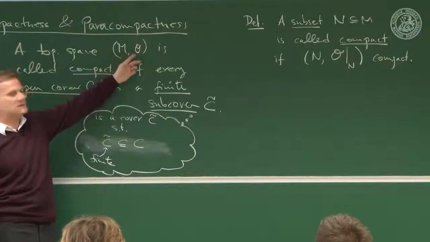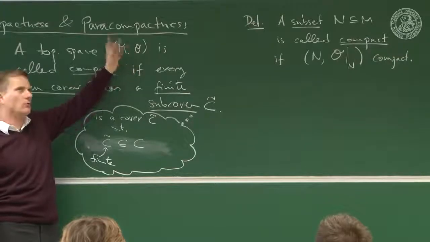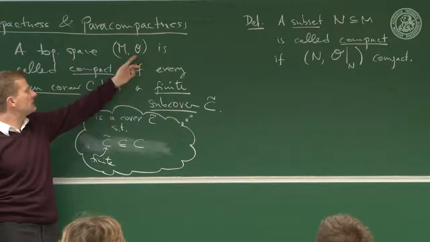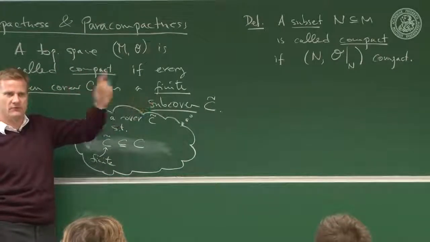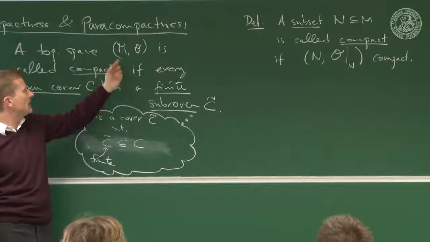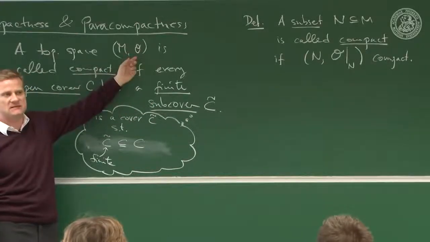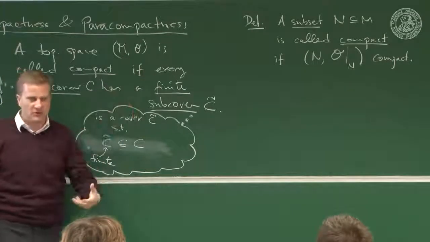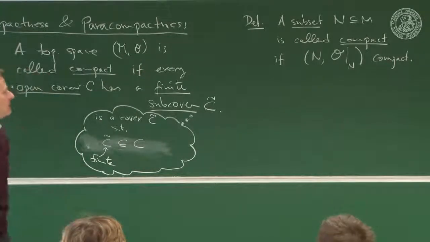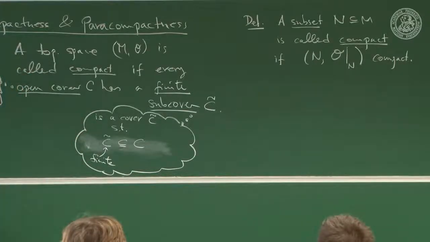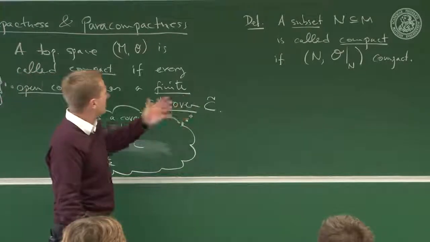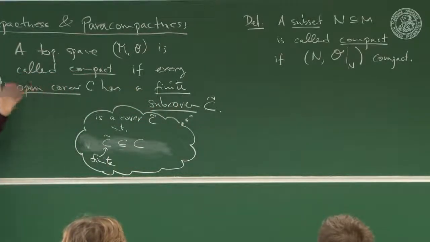So if M and N are topological spaces and they're homeomorphic, so there exists a homeomorphism between them, an invertible map which in both directions is continuous, then if one of the spaces is compact, the other space is compact too. Very often you check compactness or any topological property by finding an appropriate homeomorphism to a space of which you know the property. Anyway, this makes it very explicit that it's a topological property. It sometimes makes it hard to prove.